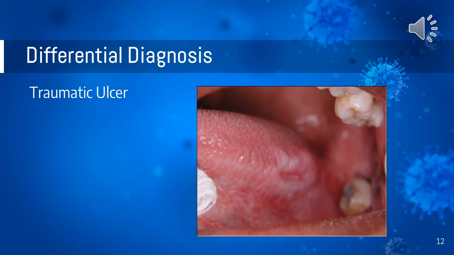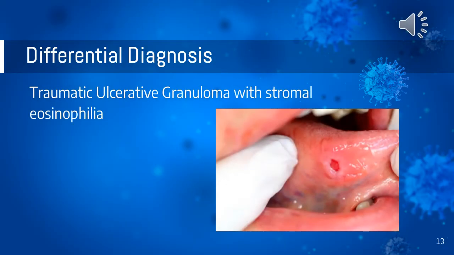A single deep ulcer on the lateral border of the tongue present for several months in a male are also all characteristic of a traumatic ulcerative granuloma with stromal eosinophilia. It occurs also at all ages, so the age of the patient fits perfectly into the age spectrum of this diagnosis, and also the site is consistent.